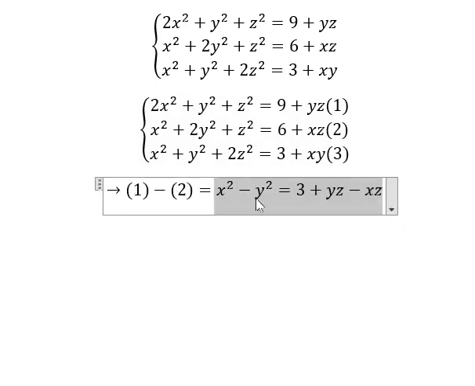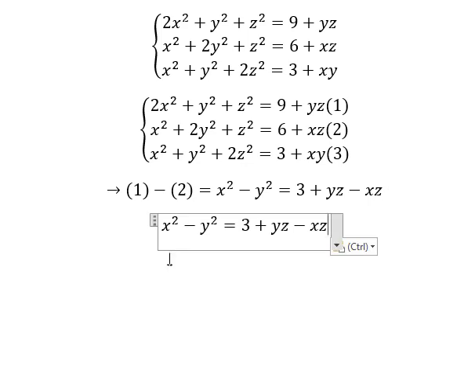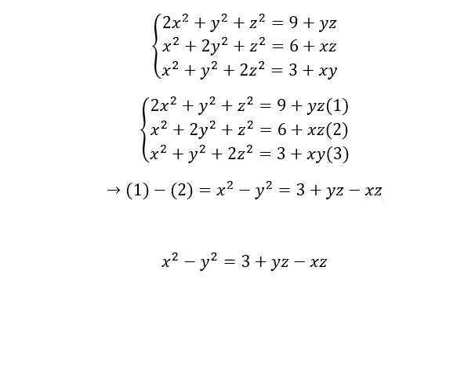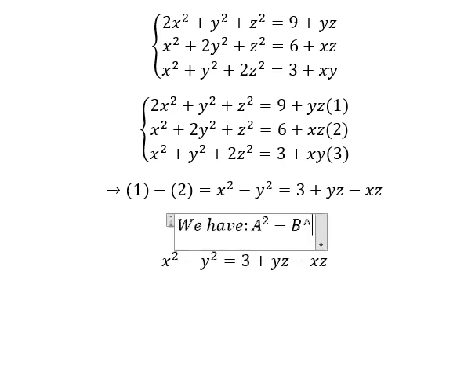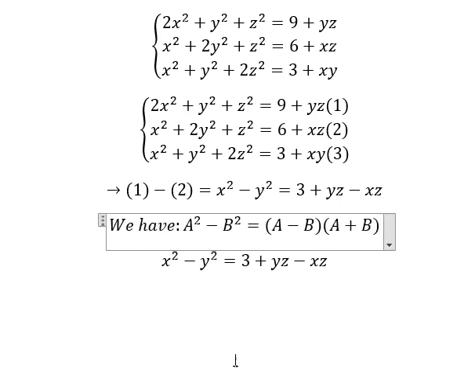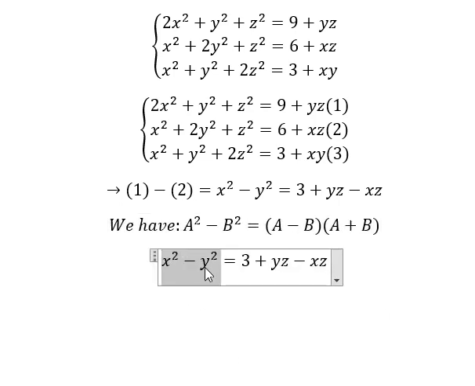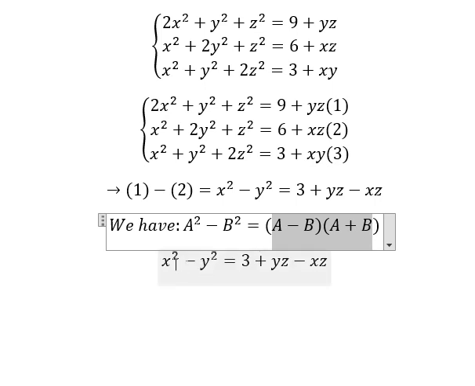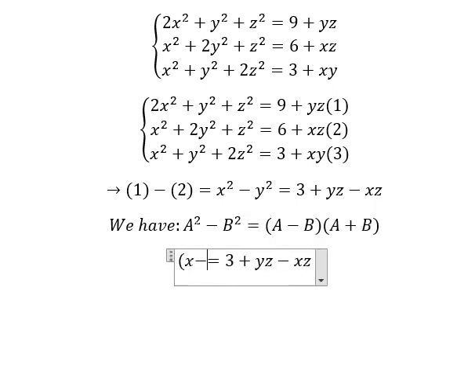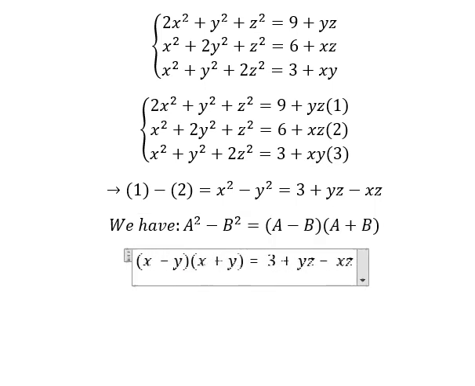Next, this one is about identities, so we have the formula in here. Now we need to transform this one into this one. This one we can do factorization by z.